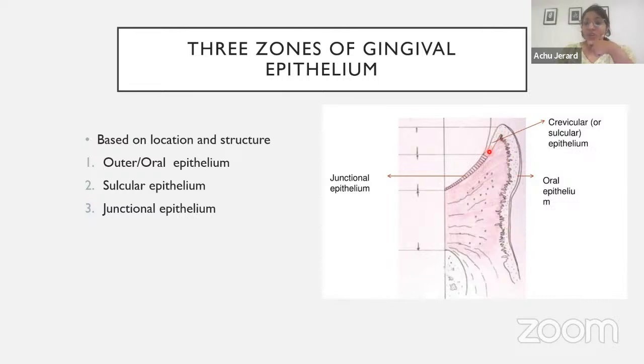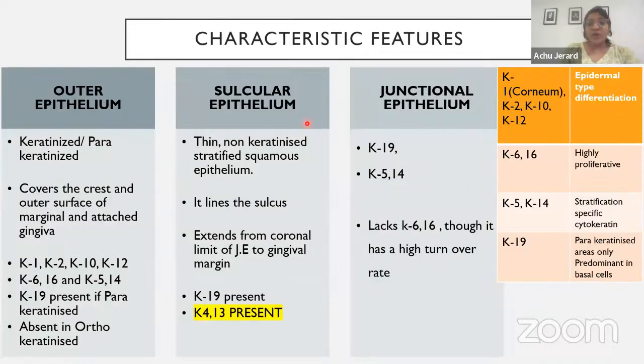Then you have the sulcular epithelium, which lines the sulcus, and then you have the junctional epithelium, the portion where the gingiva is attached to the tooth. So basically, you have three types of epithelium microscopically, depending on the location as well as keratinization and the microscopic features.